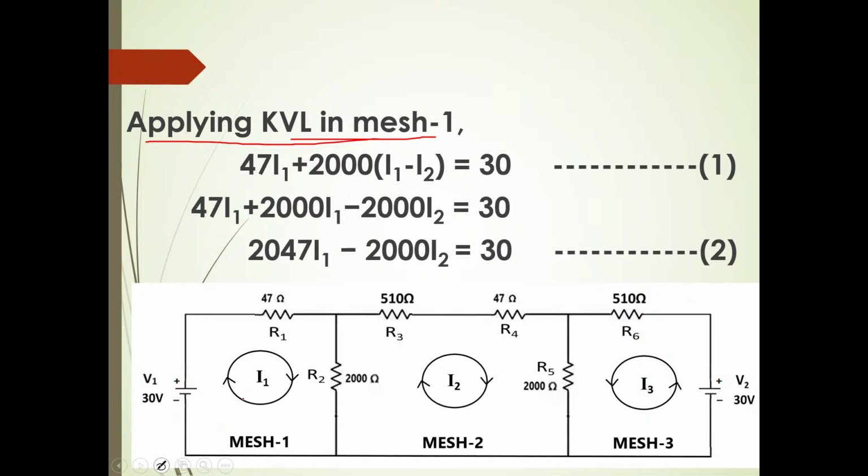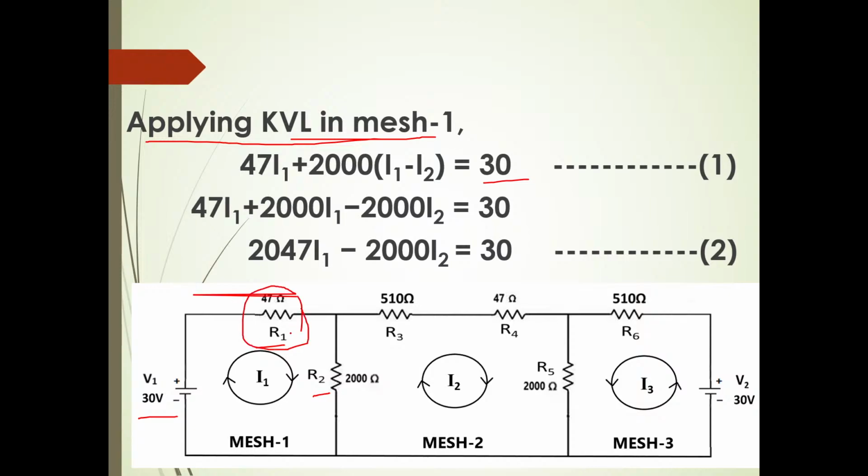The algebraic sum of source voltages in mesh 1: what are all the elements inside mesh 1? V1, R1, R2. These three elements are there. How many sources are there? Only one source, whose value is 30. So 30 is equal to the voltage drop across the passive elements. R1 and R2 are the passive elements here. So what is the voltage drop across R1?